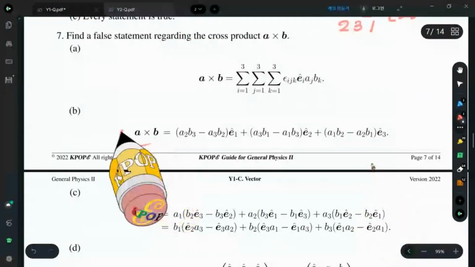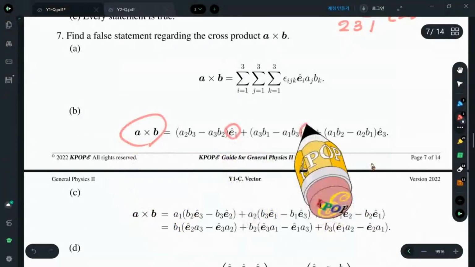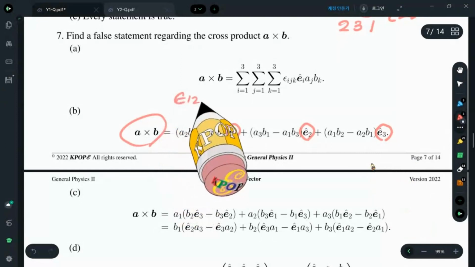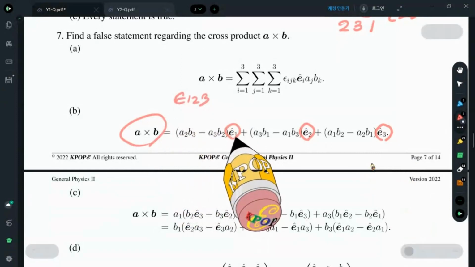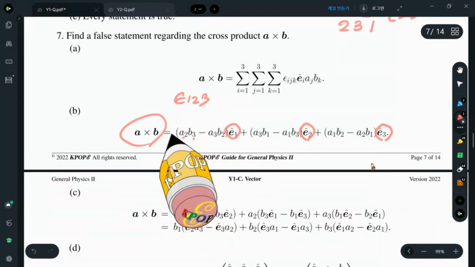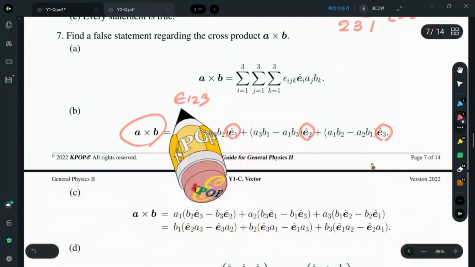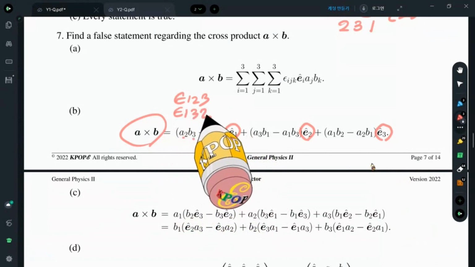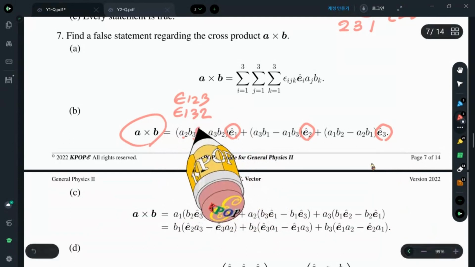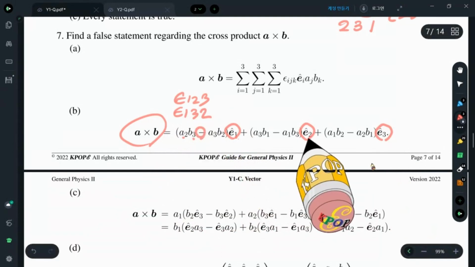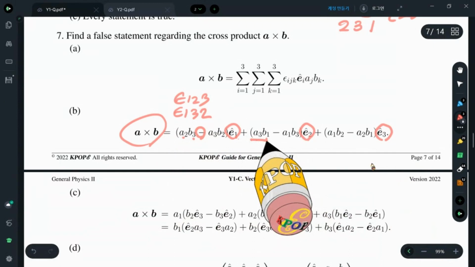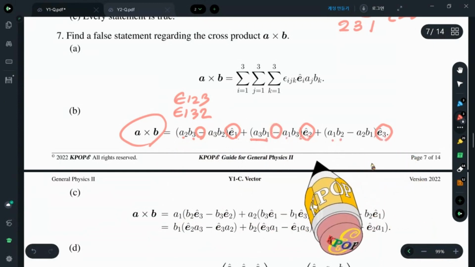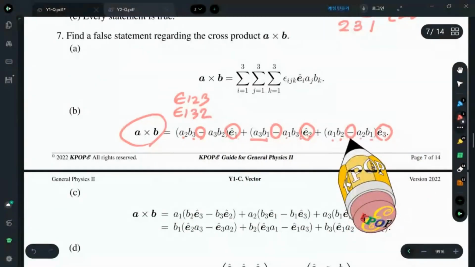The answer is A cross B is a linear combination of E1, E2, and E3. You find epsilon 1, 2, 3, that is an even permutation. 1, 2, 3, then we have a positive sign. 1, 3, 2, you have exchanged once, it is an odd permutation, so A3, B2 has a negative sign on it. In such a manner, 2, 3, 1 is positive, 2, 1, 3 has a negative sign, 3, 1, 2 positive, 3, 2, 1 negative.